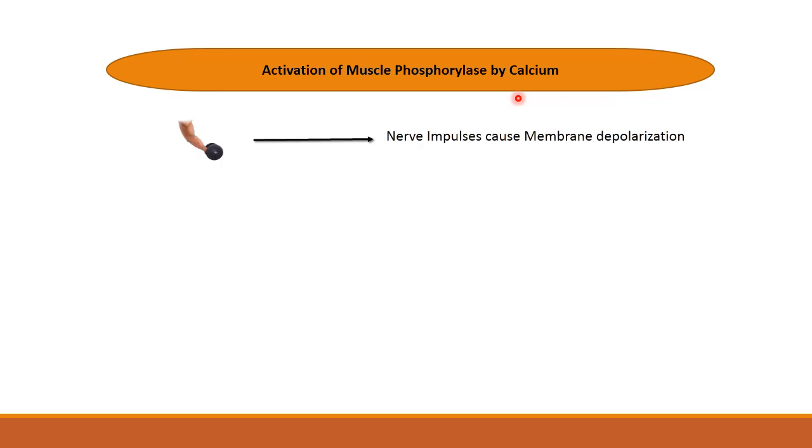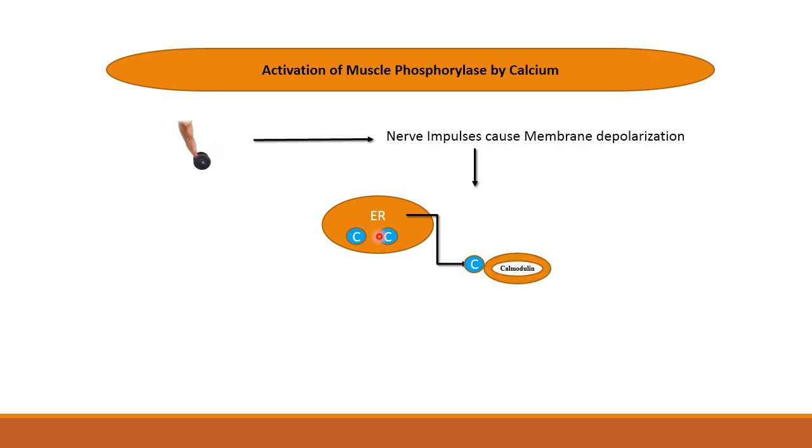The nerve impulses cause membrane depolarization of the endoplasmic reticulum, which in the case of muscle should be called the sarcoplasmic reticulum, where the calcium is stored. The calcium is released and binds to calmodulin.